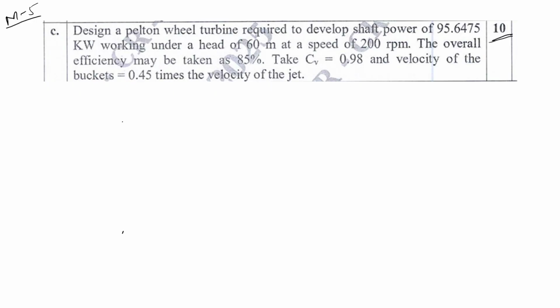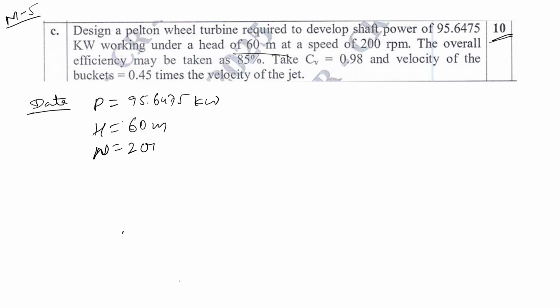The given data: shaft power P is 95.6475 kilowatt, working under a head of 60 meter, H is equal to 60 meter, rotational speed N is equal to 200 RPM, the overall efficiency eta is equal to 85%, the velocity coefficient Cv is equal to 0.98.